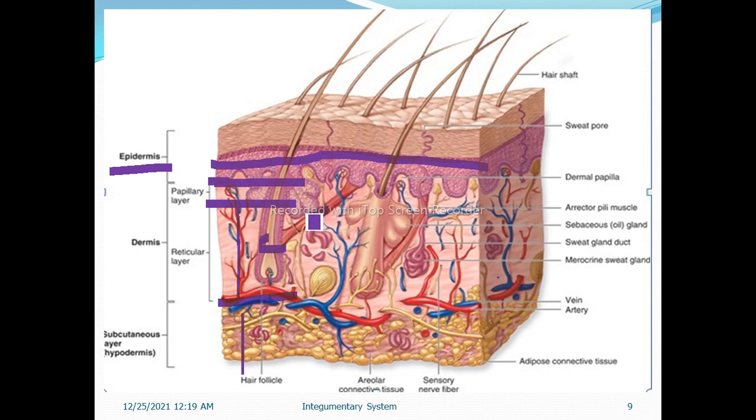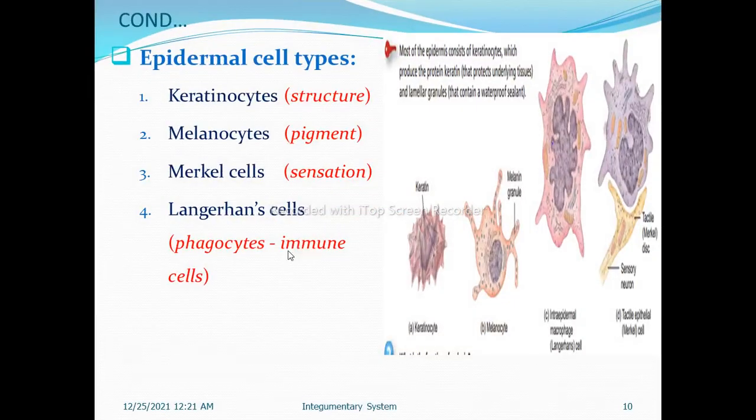Also the papillae, erector pili muscle, glands like sebaceous gland and merocrine or sweat glands, and nerves. Most blood vessels, arteries and nerves are mostly found in the dermis layer. This is hair, this is hair shaft, this is root, this is hair follicle. We will see later in detail.